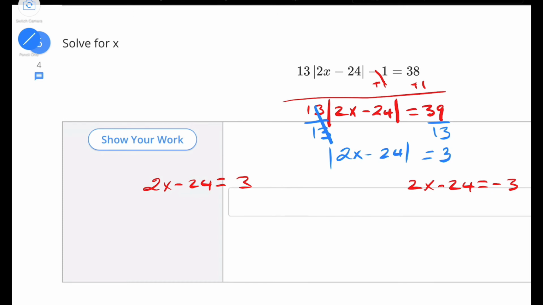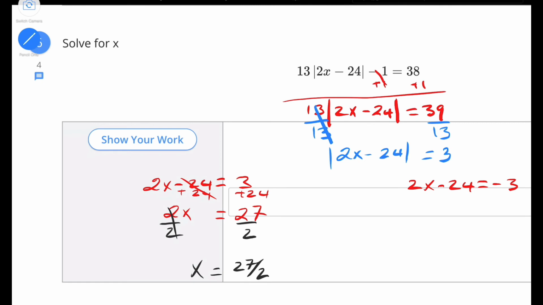All right, let's solve for this. 2x equals 27, because I add 24 on both sides. Then you divide by 2. Okay, 27 over 2 is the simplest fraction, all right?